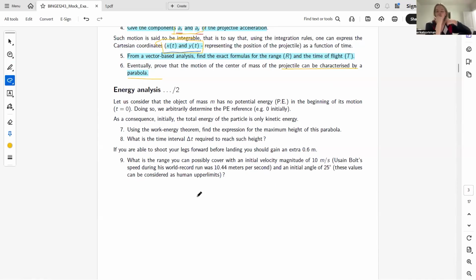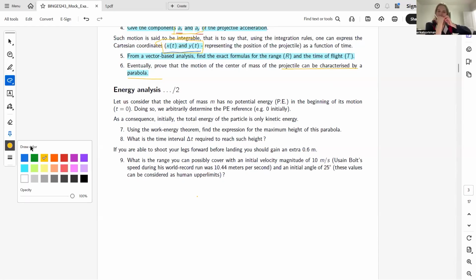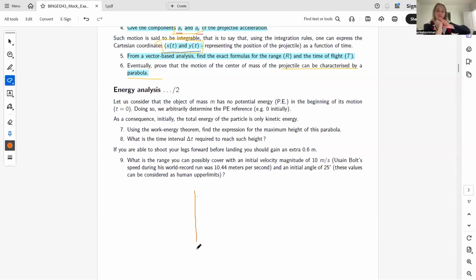For example, let me make the diagram. If I am dealing with a projectile in projectile motion, then initially at this origin point, both kinetic energy and potential energy are equal to 0.